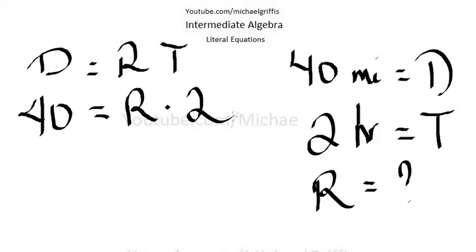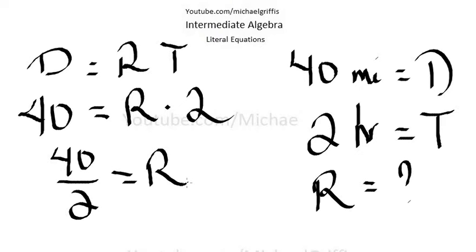Okay, and so we want to solve for R. Well, multiplying both sides by a half, we end up with R is equal, after simplifying this down, 20.